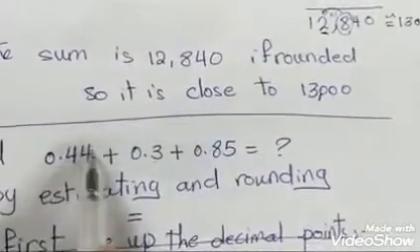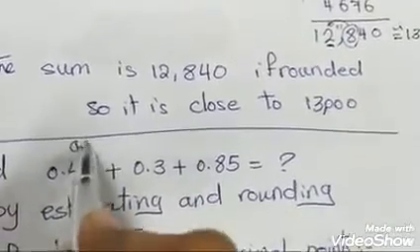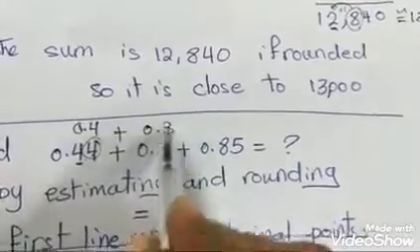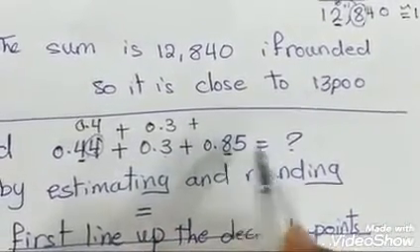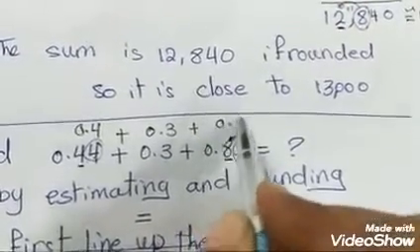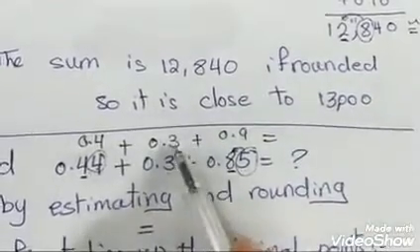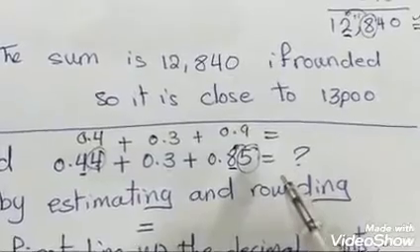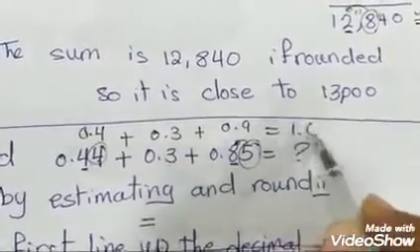This is 4, this is the tenth. 4 is a poor number, so this one will be 0.4, plus 0.3, which is already to the nearest tenth, plus the tenth digit is 8. 5 is a rich number, so this one will be increased by 1, so it will be 9 tenths. Adding them, 4 plus 3 equals 7, plus 9 equals 16. So the approximated result will be 1.6.